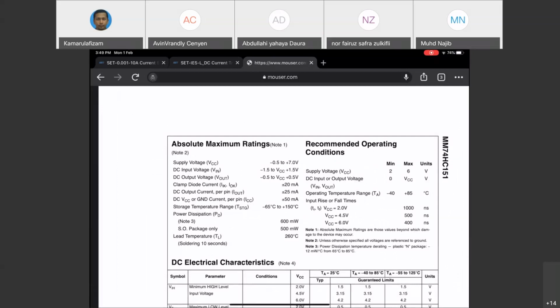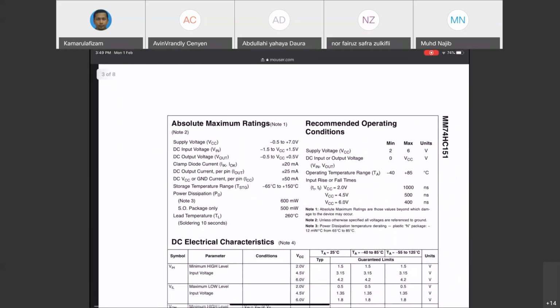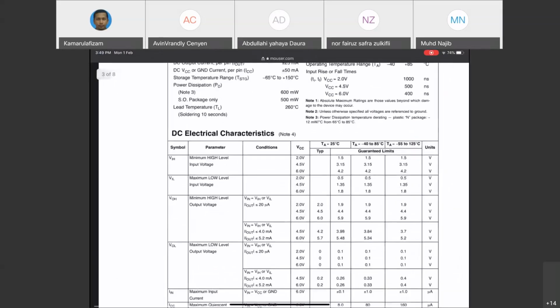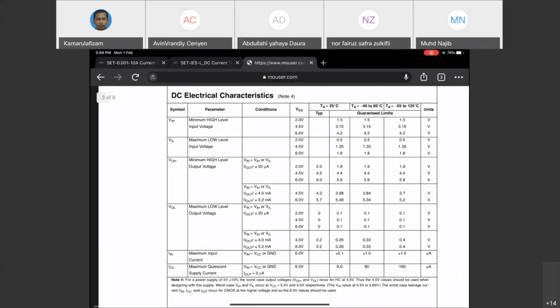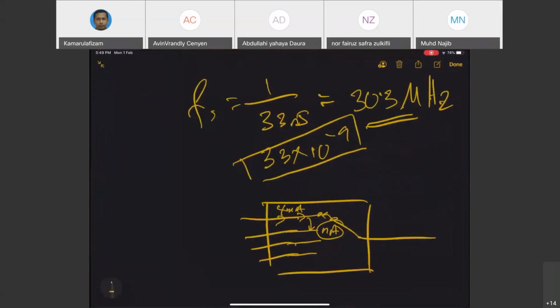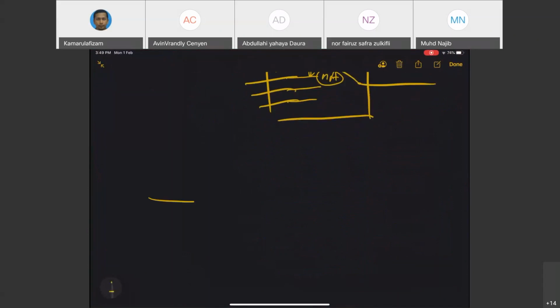Input rise time, fall time. You have a lot of information here to consider when you want to use this IC chip for the design. This is the rise time and everything, to make sure you get the right signal in. Because when you work with a digital multiplexer, your input is in this form.